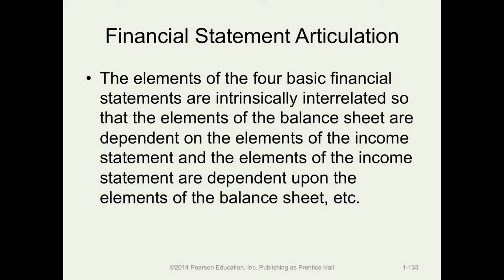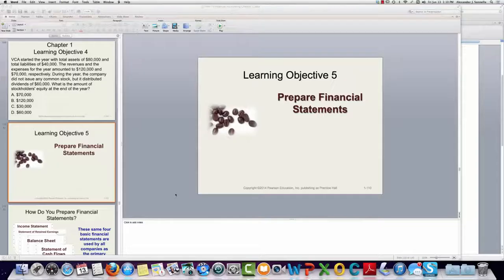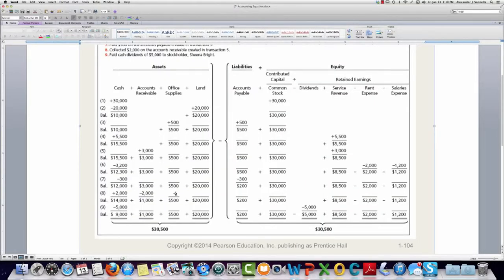Elements of the income statement are dependent on the balance sheet, etc. Cash flow statement, statement of retained earnings, etc. And again, the key point that we made throughout this module is that all of the financial statements for the time being were prepared from the accounting equation or the balance sheet equation.